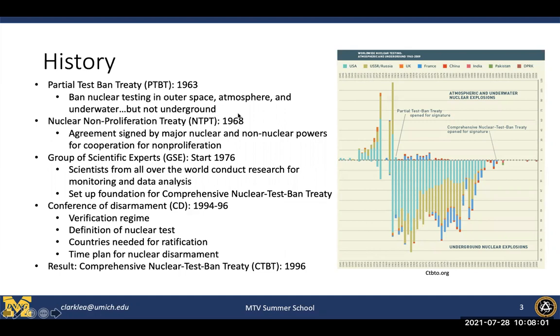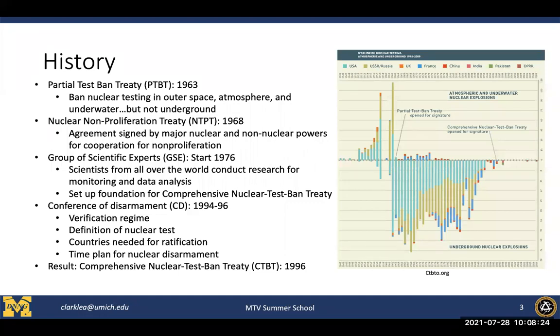A few years later, another treaty, the Nuclear Nonproliferation Treaty, came about in 1968. This was an agreement signed by the major nuclear and non-nuclear powers at this time. It basically led to cooperation, and these states would work together towards nonproliferation.